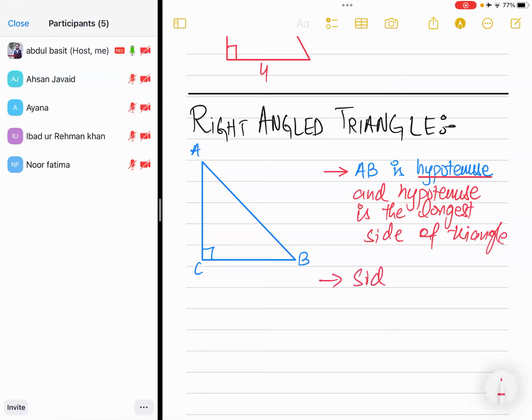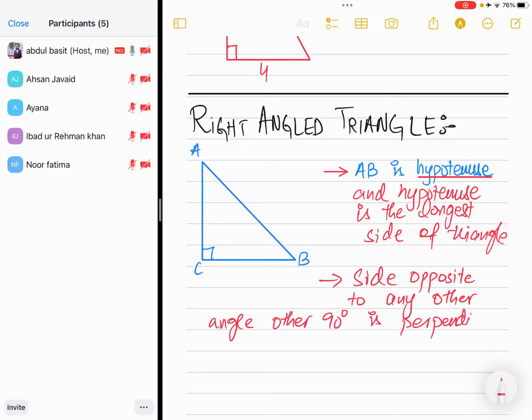Side opposite to any other angle, other than 90 degree, is perpendicular. ठीक है, उसका नाम होता है बेटा perpendicular.